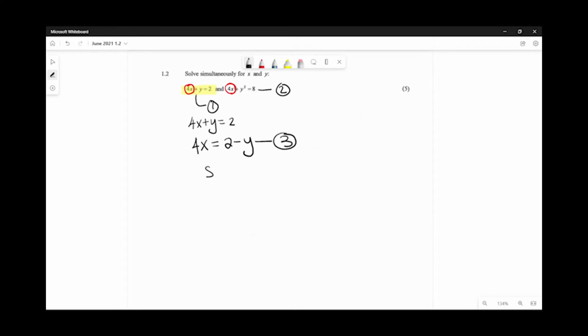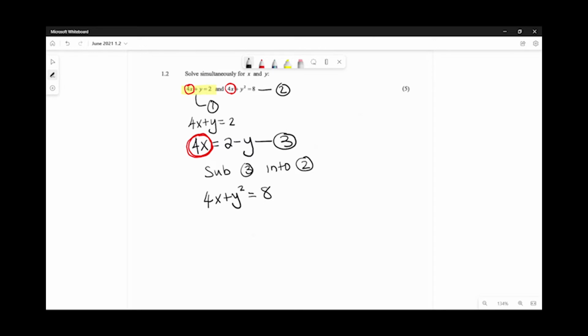We can say, let's substitute equation 3 into equation 2, right? How are we going to do that? We're going to use this 4x. We have 4x as our equation 3, and also on equation 2, they have a 4x, which plus y squared is equals to 8.